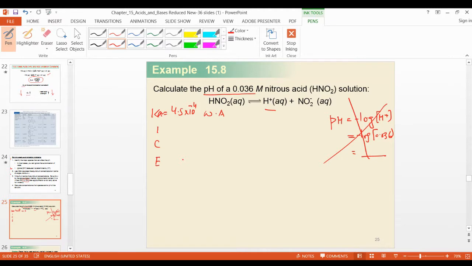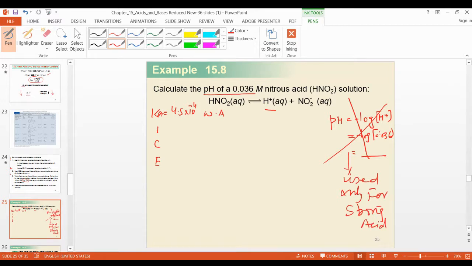Because we have the molarity, the concentration. No, the simple answer is because this is a weak acid, I cannot use this. This formula is used only for strong acid. Remember that.